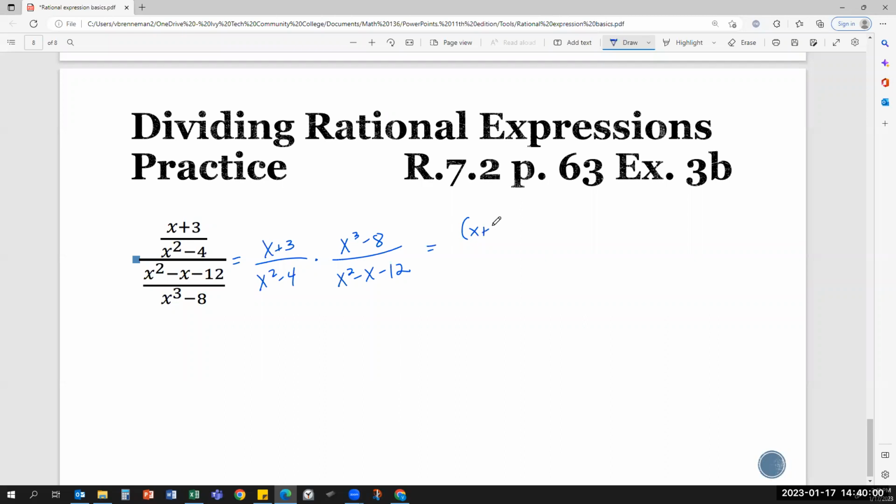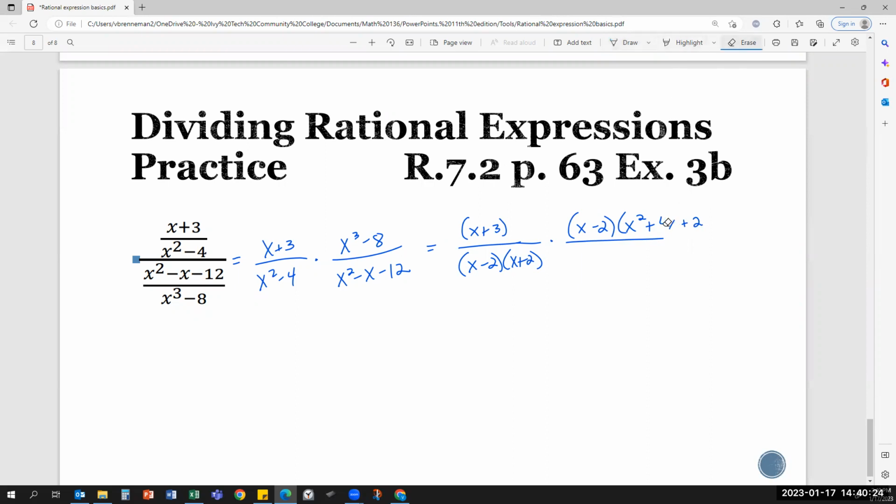I'm going to put parentheses around that to remind that that whole numerator is a factor. x squared minus 4 is x minus 2 times x plus 2. x cubed minus 8 is x minus 2 times x squared plus 2x plus 4.